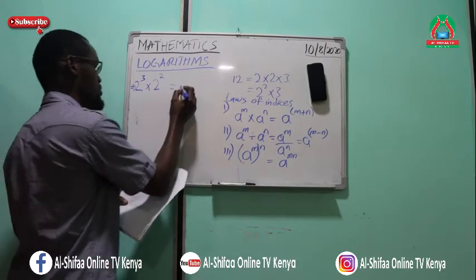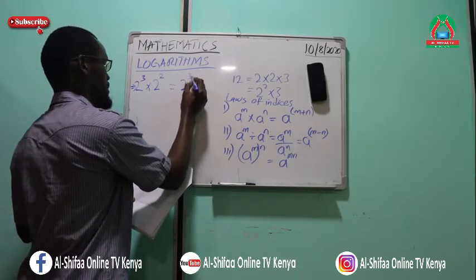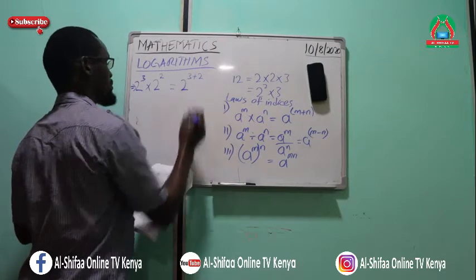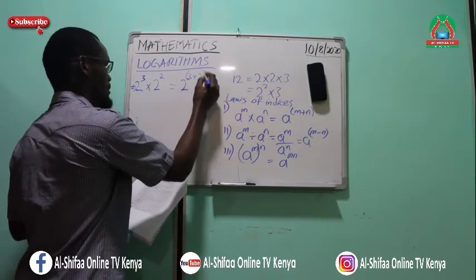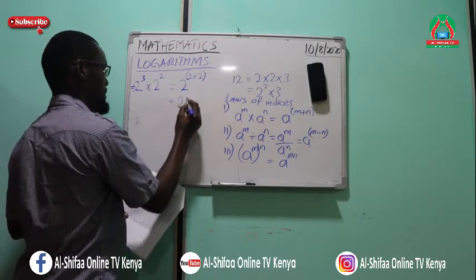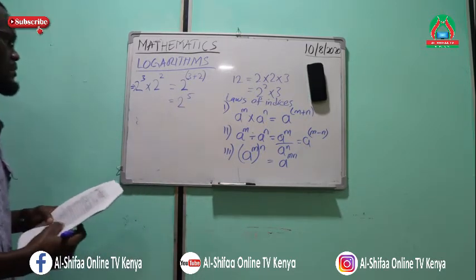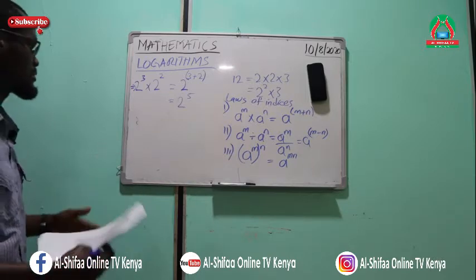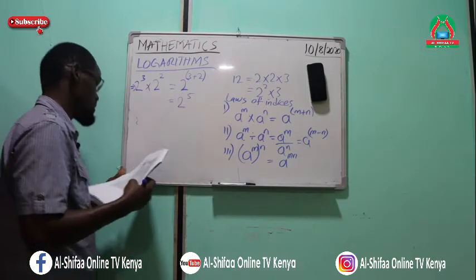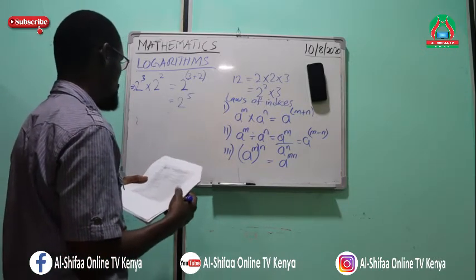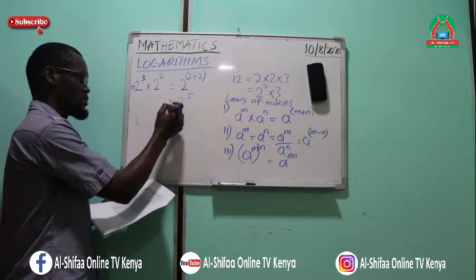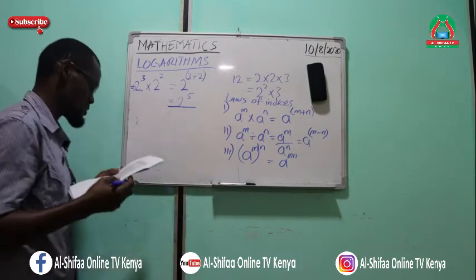This will be equivalent to 2 power 3 plus 2, which is equal to 2 power 5. You can leave it at that, or you can simplify it further by getting the value. But if you are told to leave it in index form, you just leave it as it is.